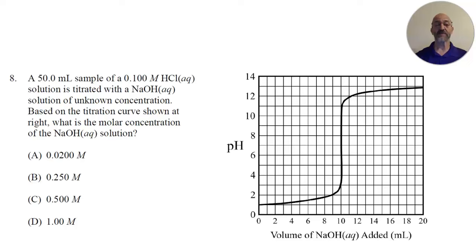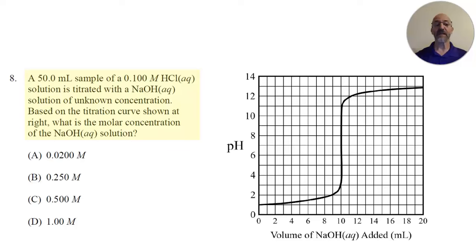In question 7, we knew the concentration of the sodium hydroxide in the burette, but we didn't know the concentration of the propanoic acid in the flask. But here in question 8, it's sort of reversed. We are given that this is hydrochloric acid reacting with sodium hydroxide, and so the difference is that now we don't know the concentration of the sodium hydroxide in the burette, but we do know the concentration of the hydrochloric acid in the flask.